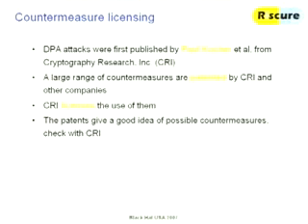I've been talking a lot about countermeasures, and one thing to note, which is maybe a little peculiar because you don't see this much in the wider security space, is that countermeasures and even the attacks in this area have been patented by CRI, a San Francisco company, which was founded by more or less the discoverer, or at least publisher, of these attacks in the mid-90s.